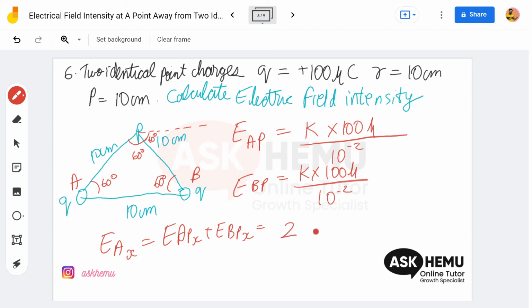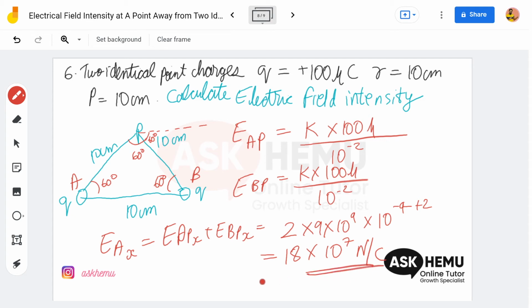But since both are cosine, and cos of a negative angle is the same as cos of the positive angle, both are just going to get added up. So I can multiply and write the final answer, 10 to the power minus 4 plus 2 from the denominator, bringing it up. That's how I have my final answer: 18 into 10 to the power 7 Newton per coulomb is the value for the x component.